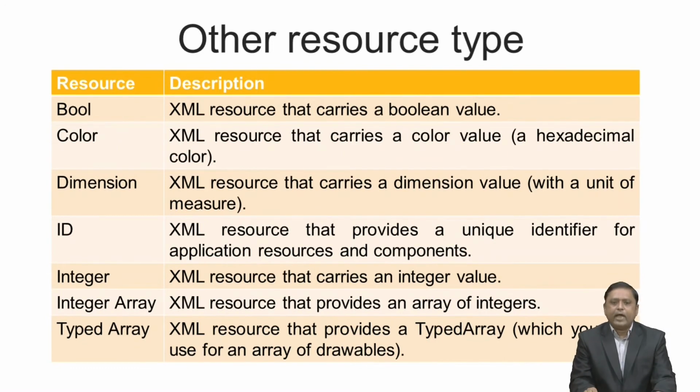Then we can have dimensions, which is an XML resource that carries a dimension value with a unit of measure such as dp, sp, pixel, inch, millimeter, etc. And we can also define IDs, which provide a unique identifier for application resources and components.